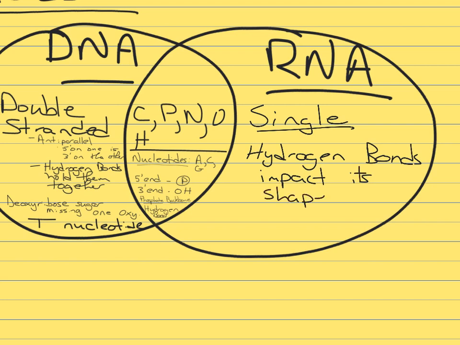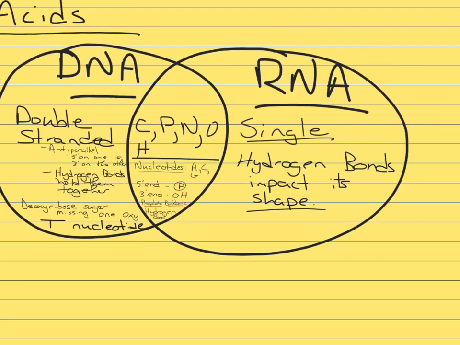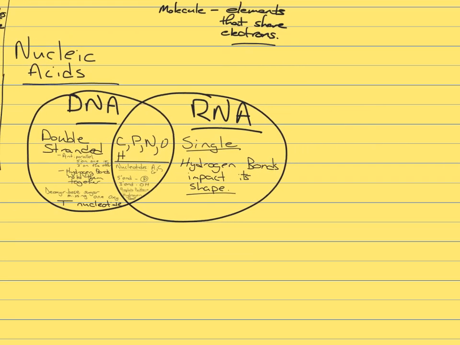That's going to be really important in the next unit because we're going to be talking about protein synthesis. We're going to be talking about something called tRNA. And tRNA is an RNA that actually has this shape. I'm just going to give you a little bit of foreshadowing. tRNA actually turns out to look something like this.